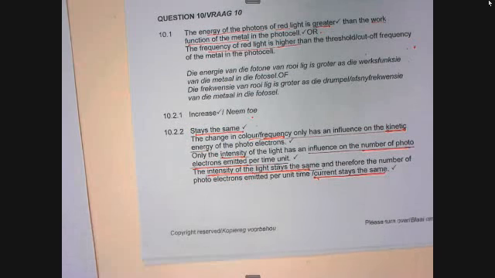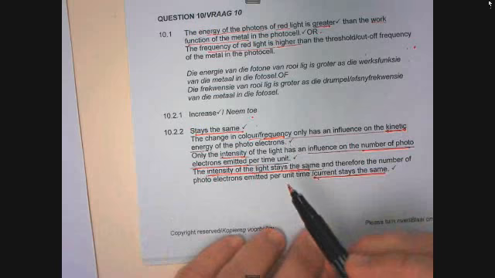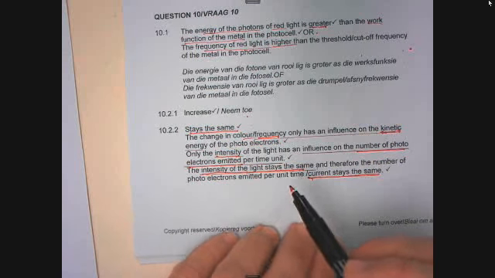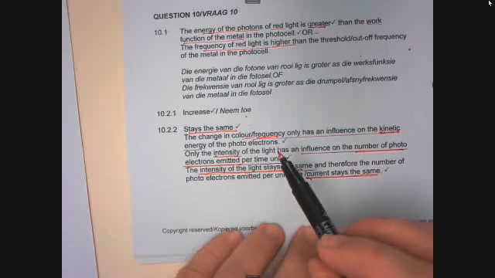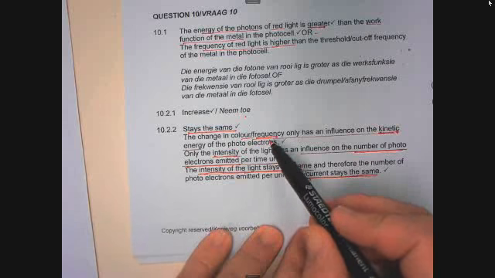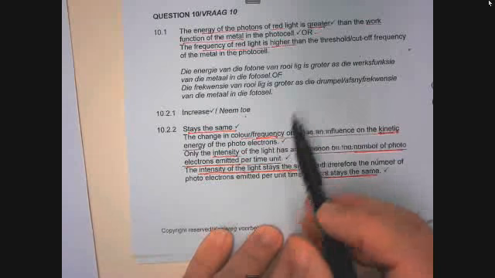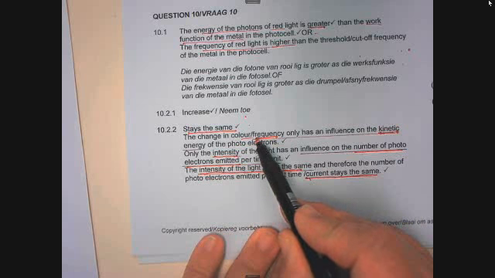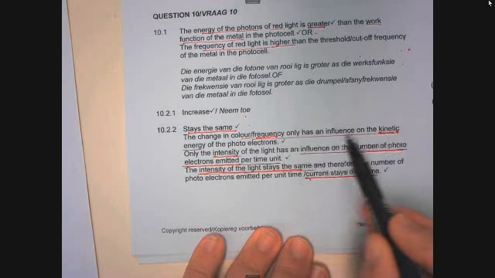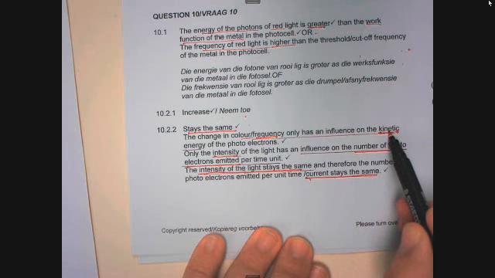So I think maybe this can be a difficult mark because learners maybe don't state it very clearly. Therefore I'm just going to repeat the mark allocation for the explanation part. One mark for referring that frequency only influences kinetic energy.